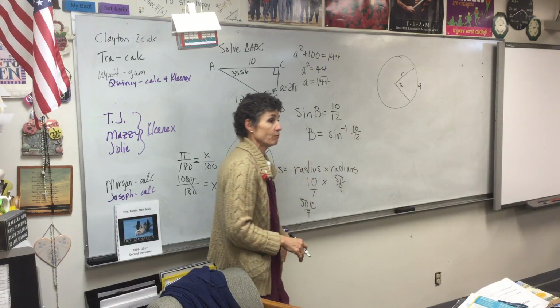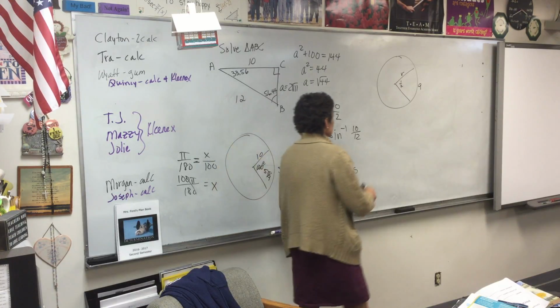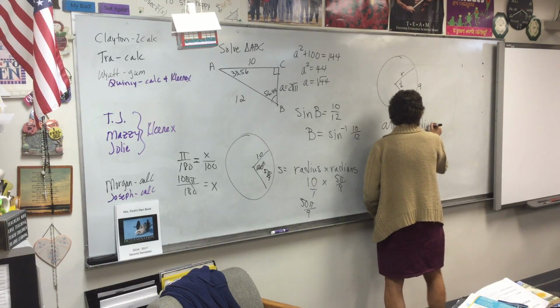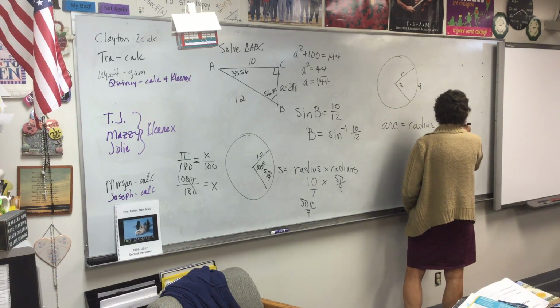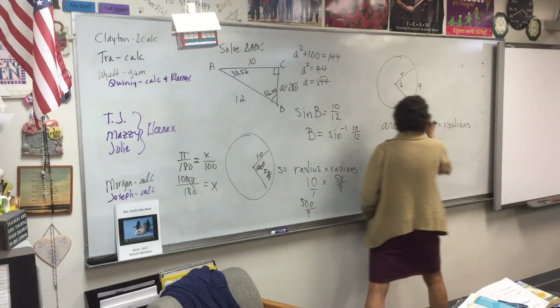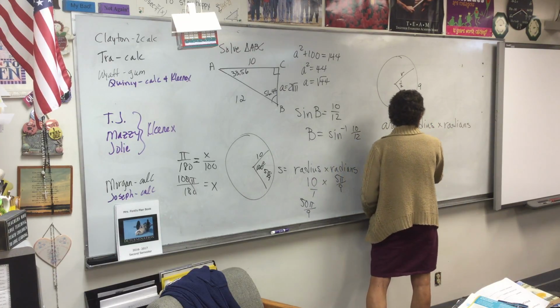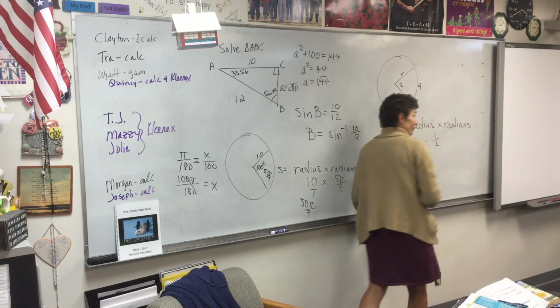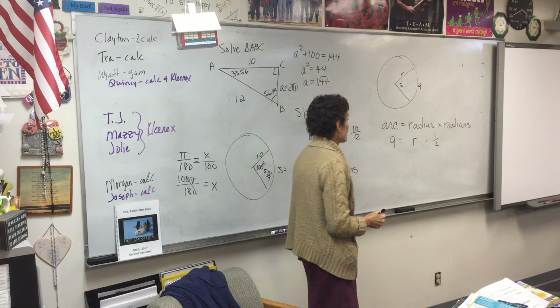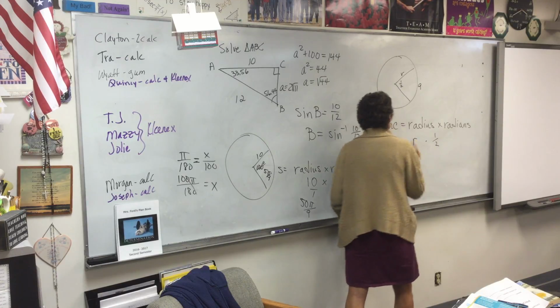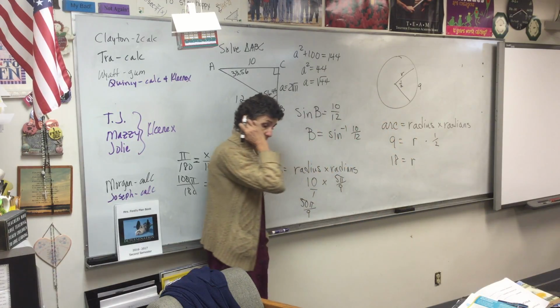This time I'm looking for the radius, but I will use the same formula, of course. So 9 equals the radius times a half. So divide by half or multiply by 2, and the radius is 18.